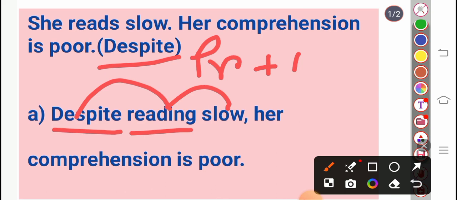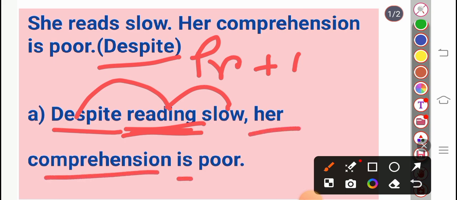It is a verbal noun here, as it is derived from a verb, so obviously it has the quality of verbs also. And in this part, her comprehension is the subject, is the be verb, poor is the adjective, which is the complement of her comprehension.